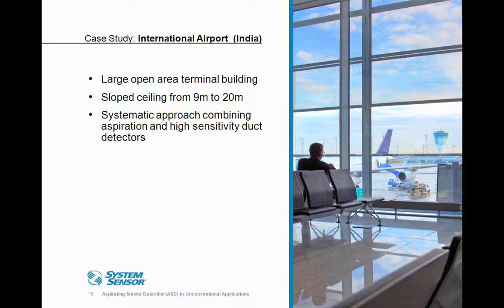So aspiration detection was selected as part of a systematic approach to the fire protection throughout this building. Air sampling pipe was installed along the slope of the ceiling to detect smoke at the higher levels, while high sensitivity duct detectors monitor air circulating in the HVAC system to protect the building at the lower levels.